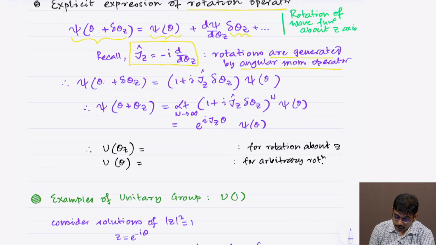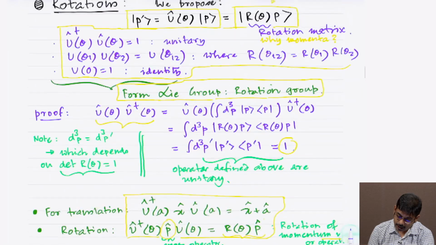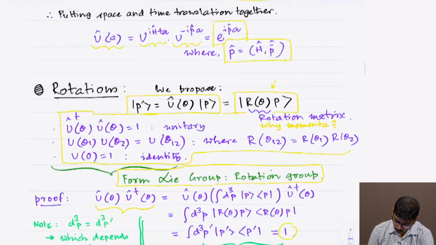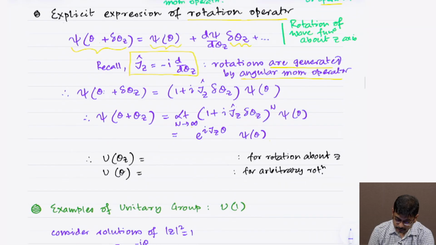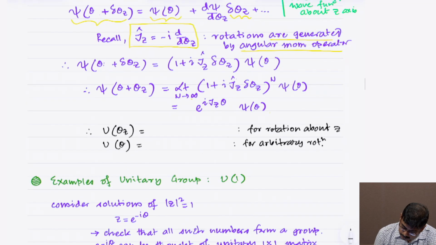Following the same logic that we used to identify the corresponding form of the operator, if psi(theta) goes to psi(theta plus theta z) by this operation e to the power i J z theta, what will be your U(theta z)?